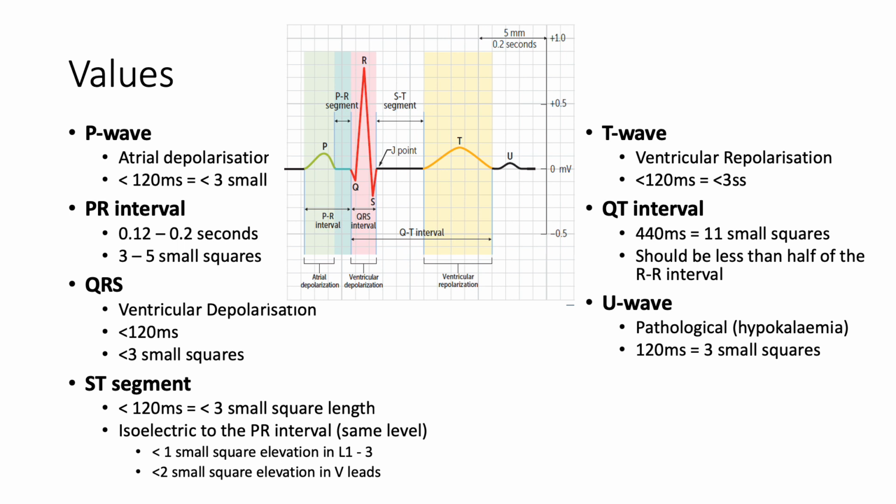And the QT interval is 11, but a good rule of thumb is that it should be less than half of the R to R interval. So when you look at it, if you think your T waves are really, really stretched out, then maybe there's something going on there. And U waves out here can be pathological, but they can be physiological sometimes, but we'll go through that.